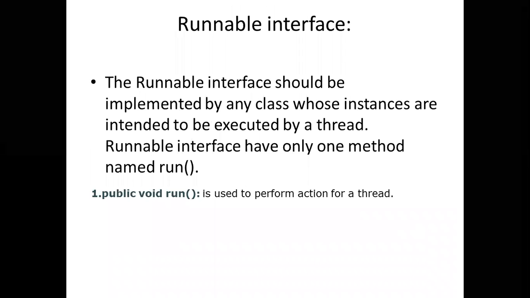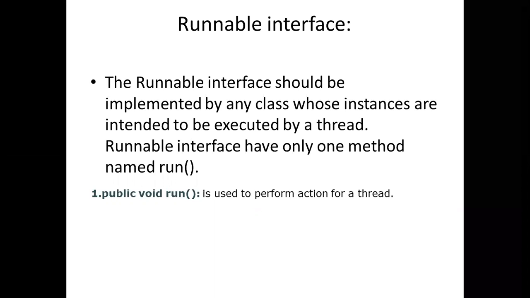There is also the Runnable interface, which we have already discussed. One method is to extend the Thread class; another is to implement the Runnable interface. The Runnable interface should be implemented by any class whose instances are intended to be executed by a thread. I hope you are clear with the interface part.